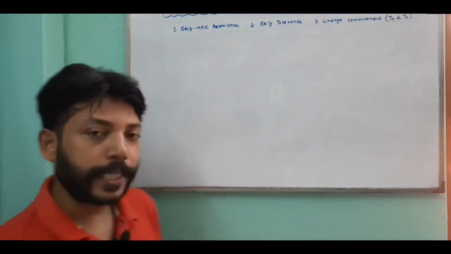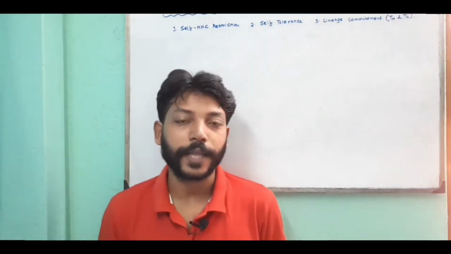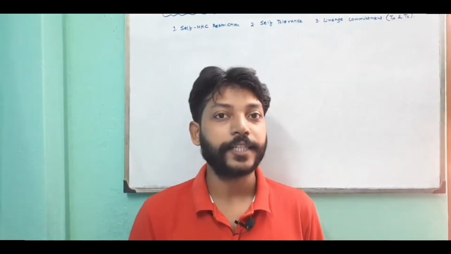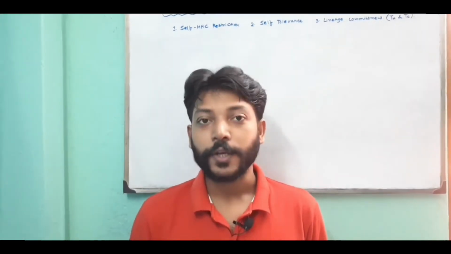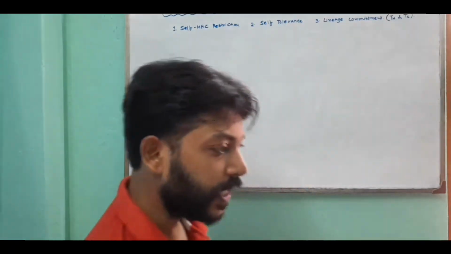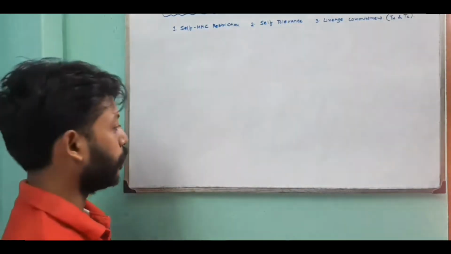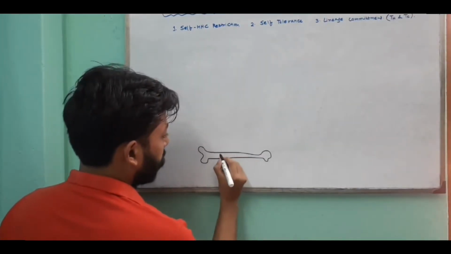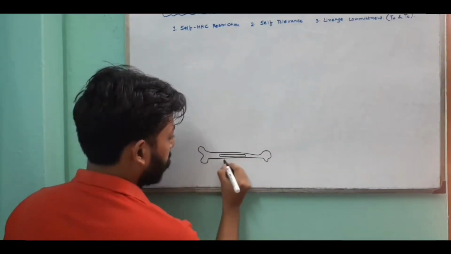Now, the name T cell comes from thymus, T for thymus. But don't be confused that T cells are generated from the thymus. No, all immune cells are generated from the bone marrow. So T cell precursors are also generated from the bone marrow. Let me draw a bone and then bone marrow. Let's assume this is a bone and here some bone marrow is present. What happens?